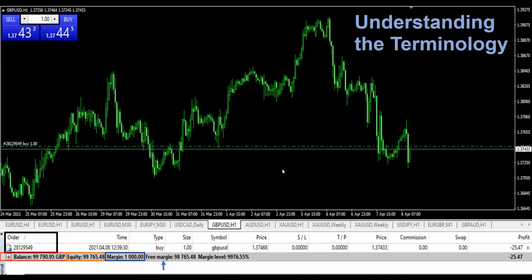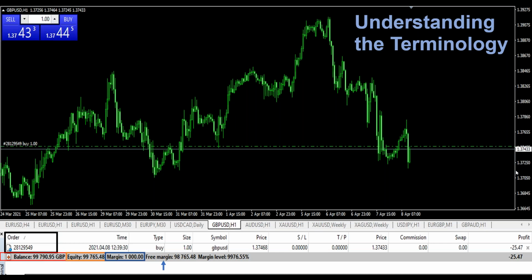Okay, so next up we have free margin. This currently stands at £98,765. Now, free margin is equity minus used margin. Free margin is the amount of account equity that is currently not being used to maintain open positions.